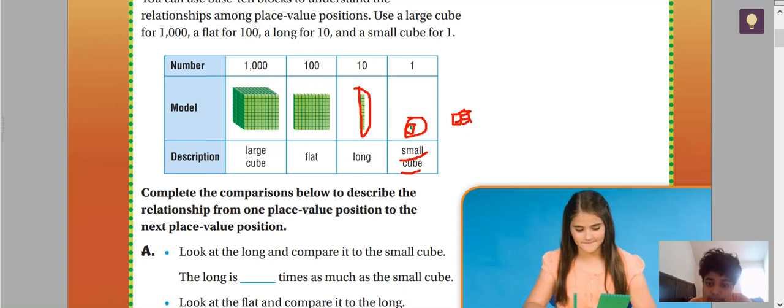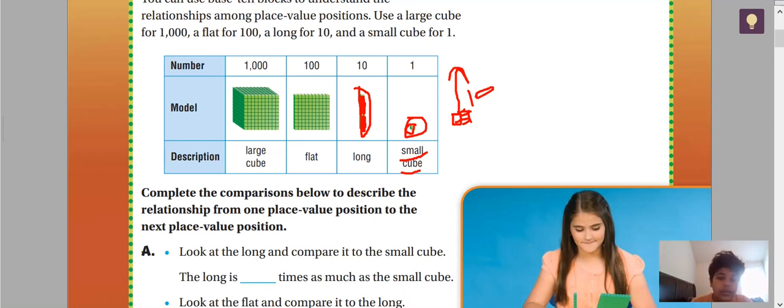It would take 10 of those. 10 of those. It would take 10 of those to make one long. This small cube, look over here. There's 1, 2, 3, 4, 5, 6, 7, 8, 9, 10. 10 small cubes it would take to make one long.